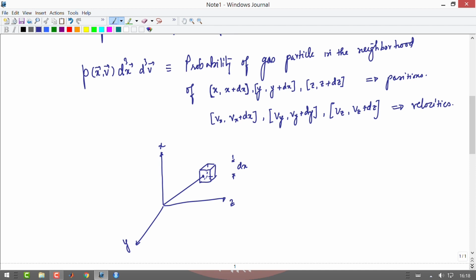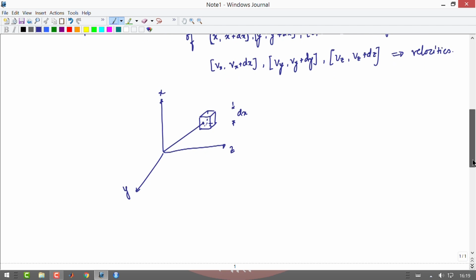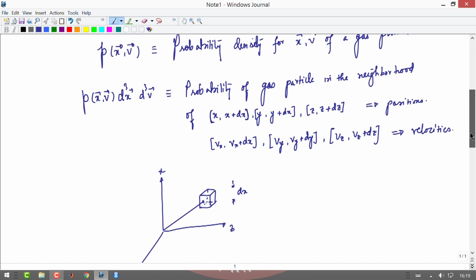Similarly, you have to take 3 axes for the momentum or velocity, and then take a volume in the velocity space, and in the 6-dimensional space of position and momentum, you will see a cube of dimension 6, which is centered at point x comma v, and the probability of finding a particle in this cube, this hypercube if you want to say, is the probability that I have written here.